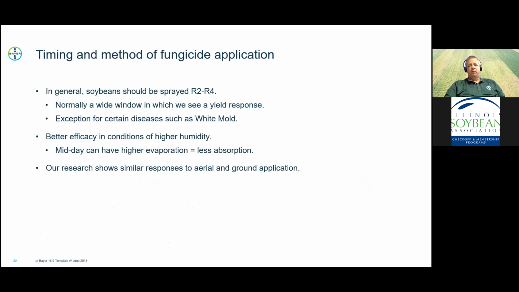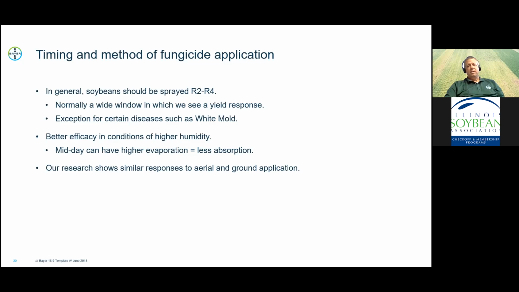It's more important that we get it on in that general time frame than that we worry so much about the timing that we maybe hold off and don't get something on because say we're at late R2 and we say we want to wait a week to apply or 3 days to apply, and then suddenly we get a weather event that keeps us out of the field for a while. We want to get it on, and the exact timing is not so critical. We usually see a pretty wide window that we get a yield response from applying the fungicide.